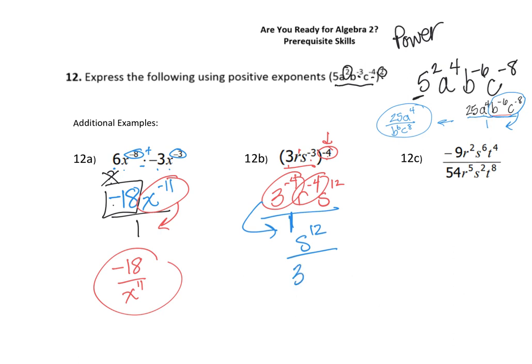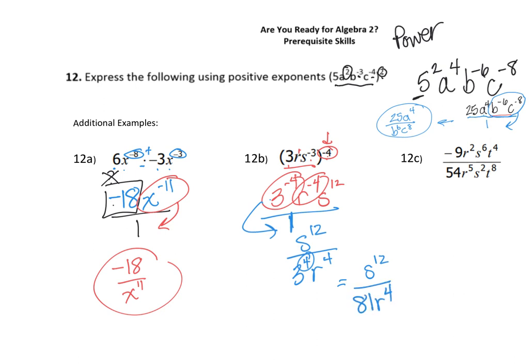And this would now be 3 to the positive 4th power and r to the 4th power. Moving it made this exponent positive, just like it did with our variables. What is 3 to the 4th power? It's 81. So this is equal to s to the 12th power over 81 r to the 4th.